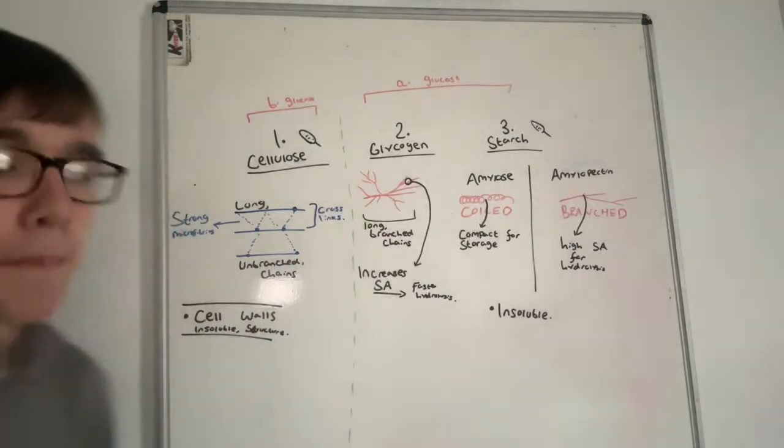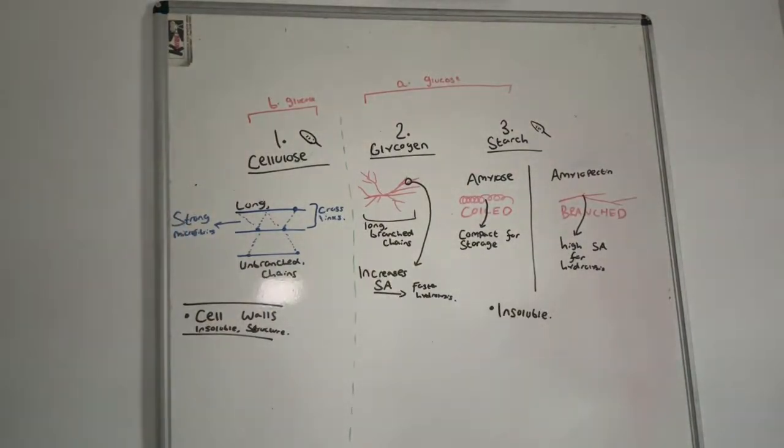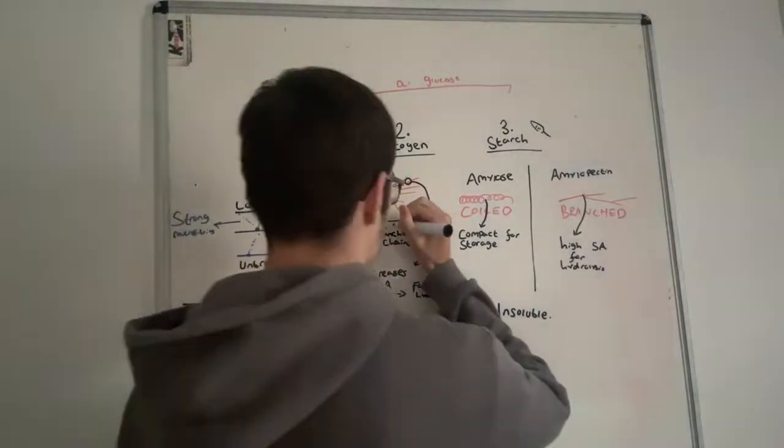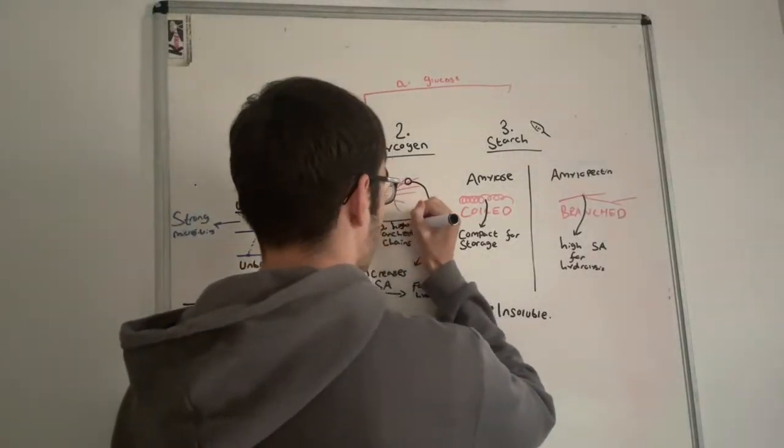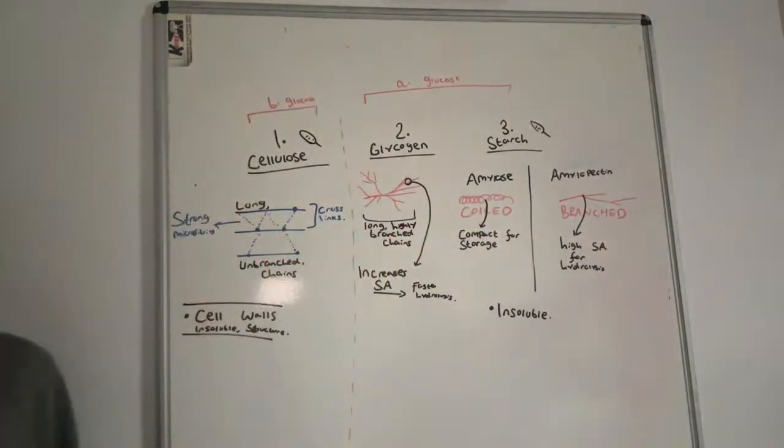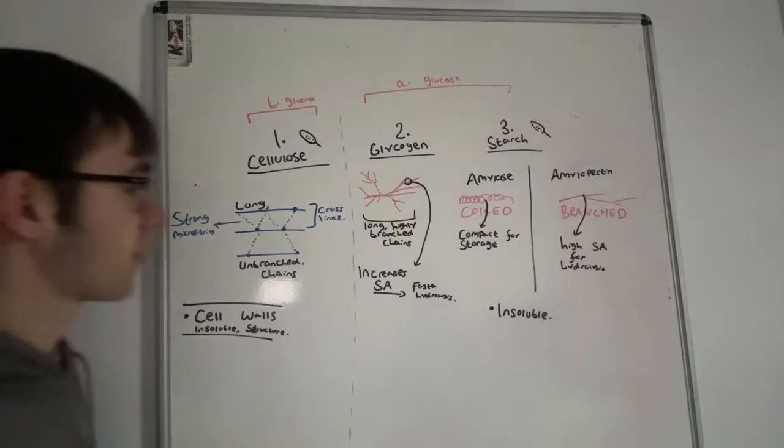So that's about it. You have cellulose, glycogen, and starch. Glycogen, highly branched. I should probably specify the highly branched. That's about it for everything to do with this topic.